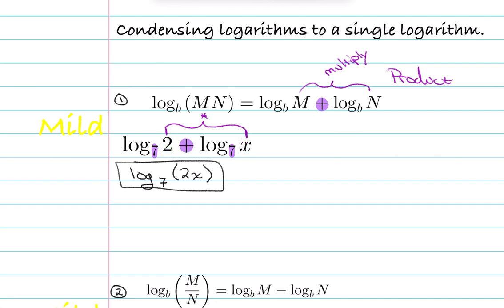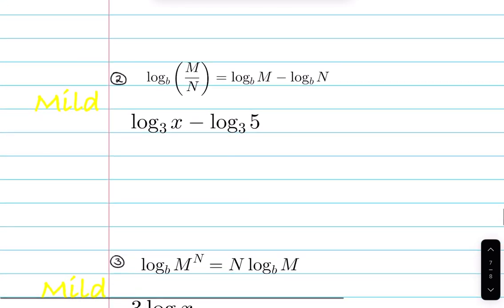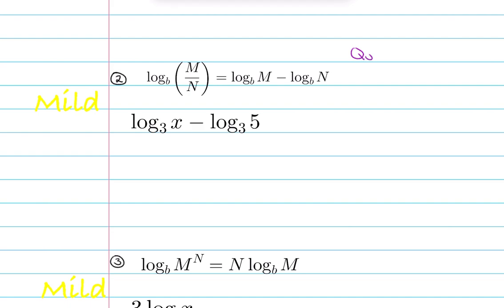The next rule that we talked about is the quotient rule. We talked about how if you're dividing in your argument, you break that apart into two logarithms with subtraction. So going backwards now, we are subtracting our logarithms.